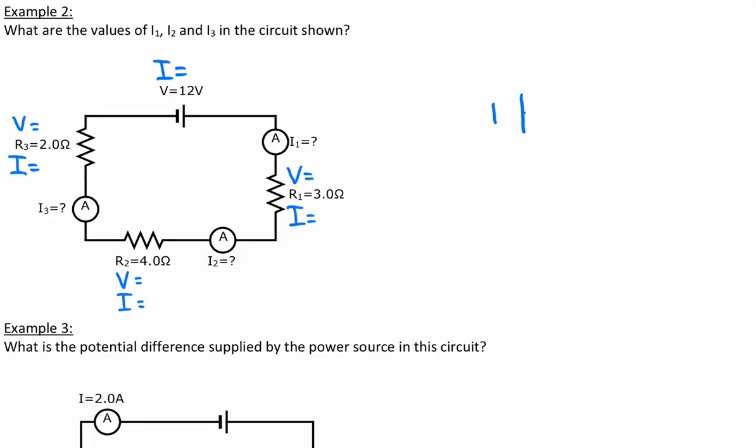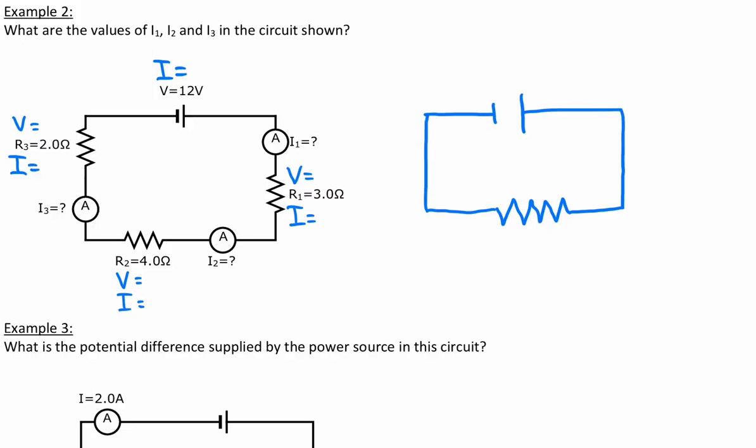So redrawing the circuit over here, replacing all 3 of those resistors with one looks like this.